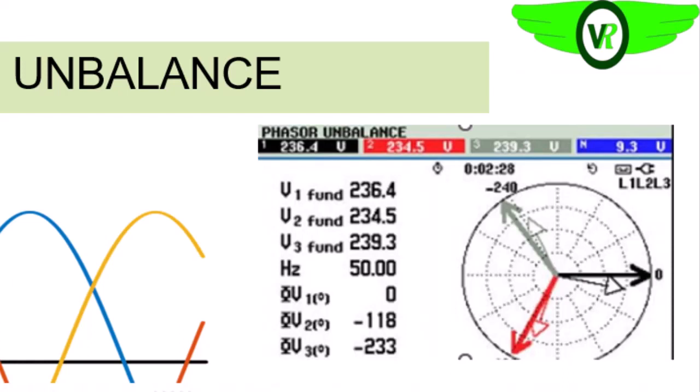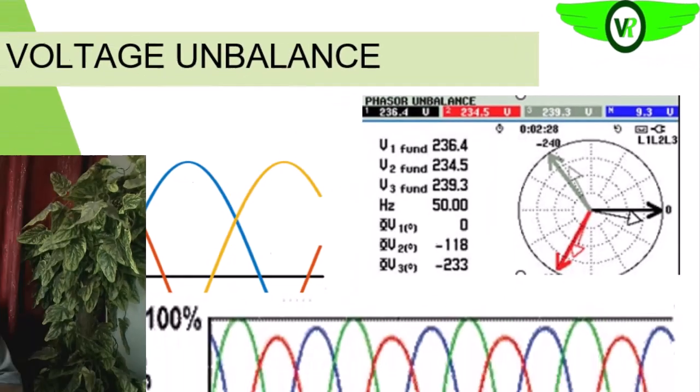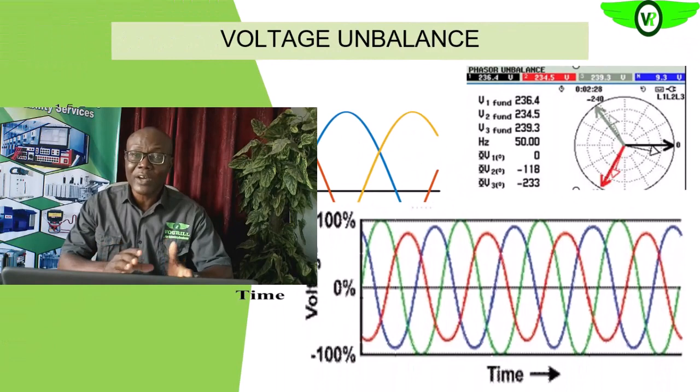So it actually depends on the tolerance of the system. Of course, this will definitely have an effect, as we will see later. The allowable range is between 0.5 and 2.5%.